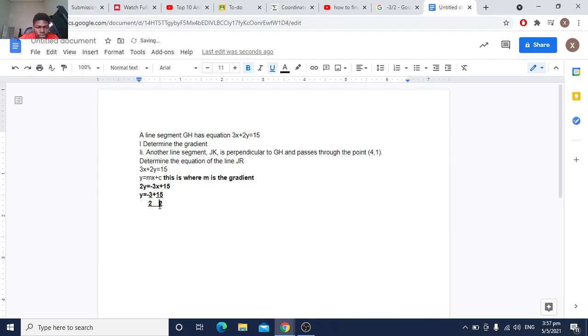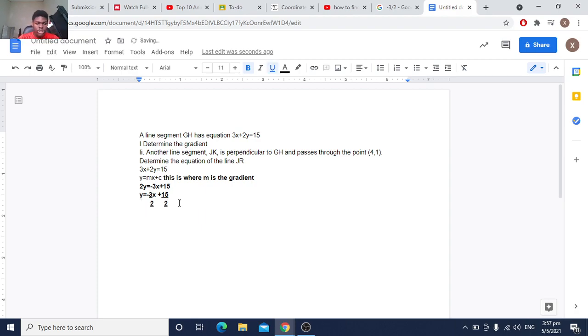So then the answer would be, oh, this is supposed to be 3x. We don't want that underlined. All right, there we go. So this would be the answer: y is equal to negative 3 over 2 x plus 15 over 2.